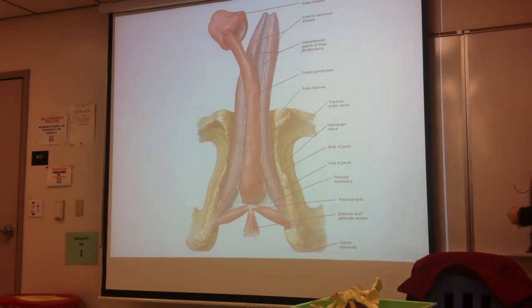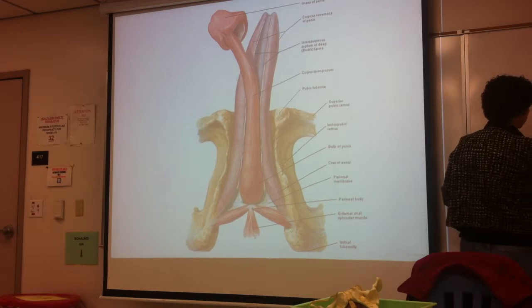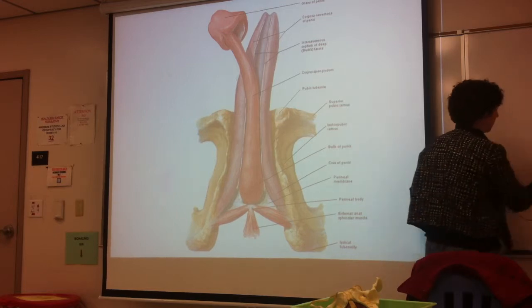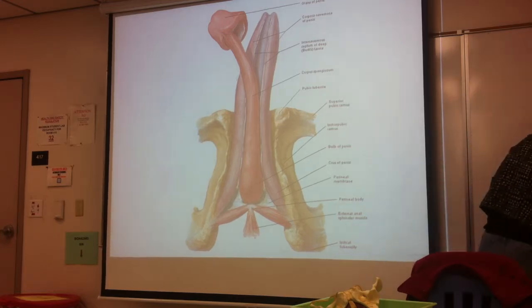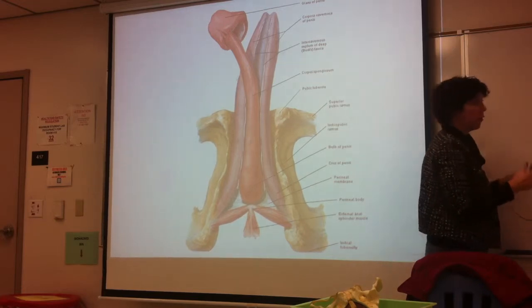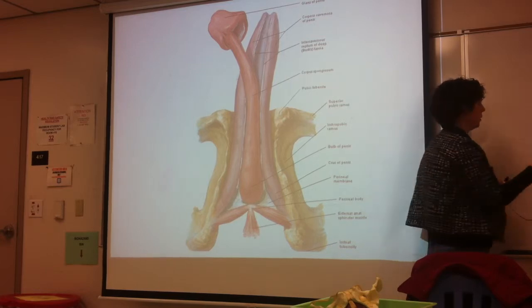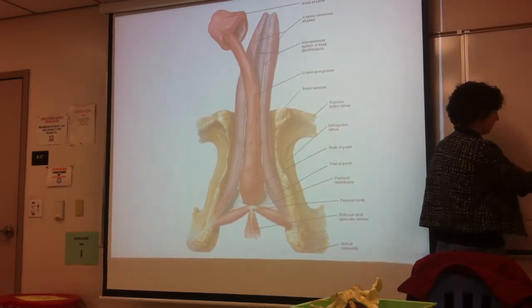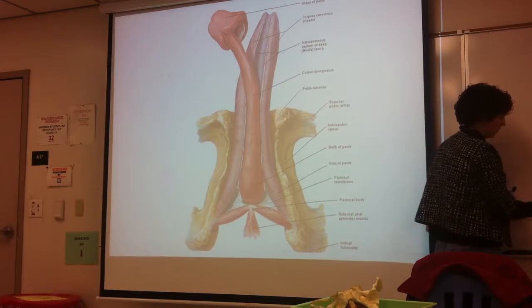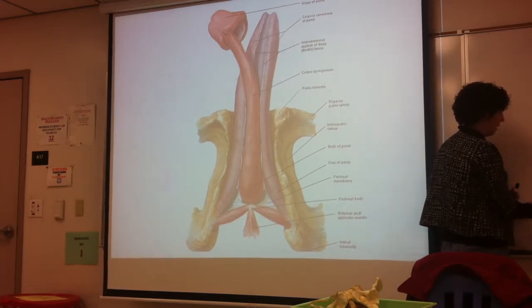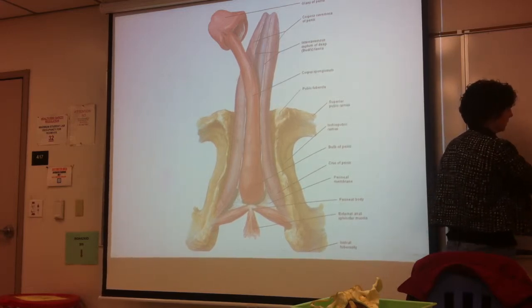So the crus of the penis is what is attached to the ischial tuberosity. Can you spell that? C-R-U-S. Yes. Okay.